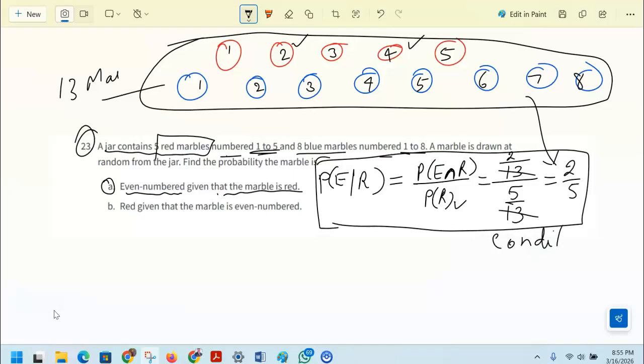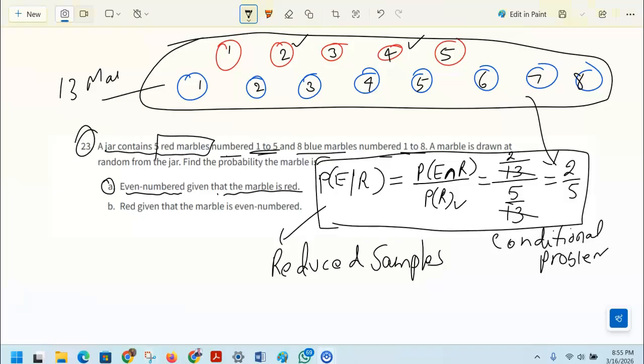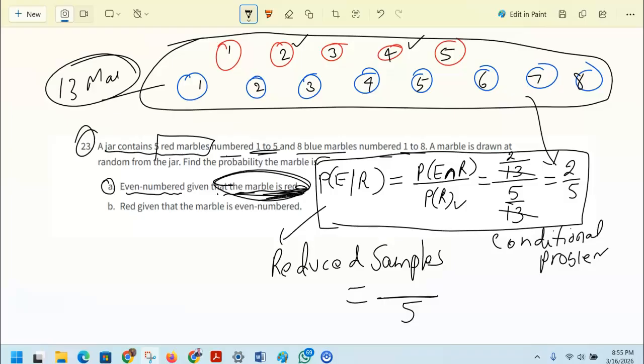But can we use reduced sample space? What is reduced sample space? So without using this, reduced sample space is basically based on the information provided that the ball is already red. So your sample space, the denominator, instead of 13 marbles, it becomes out of 5 because you already know the ball is red.